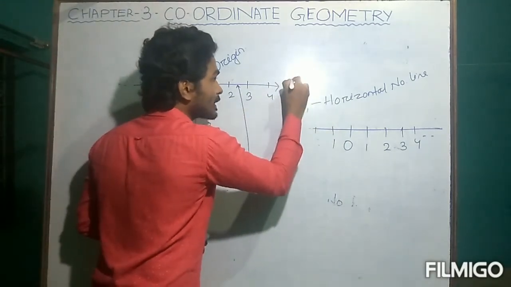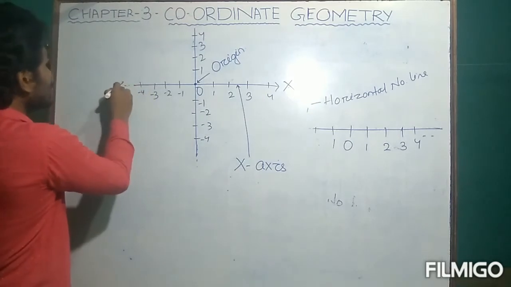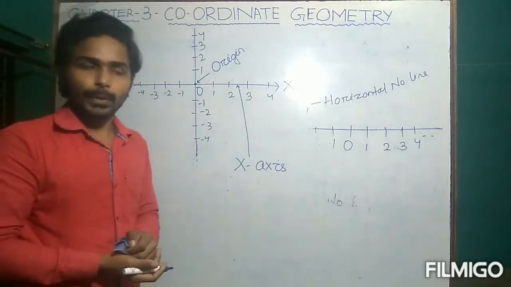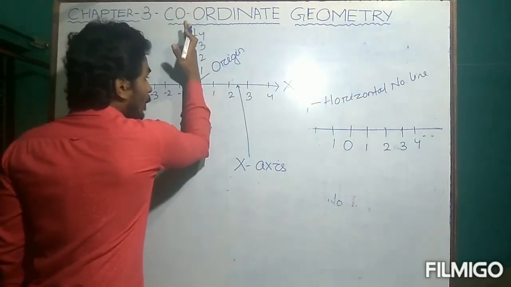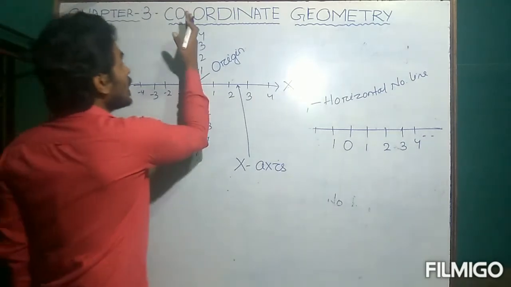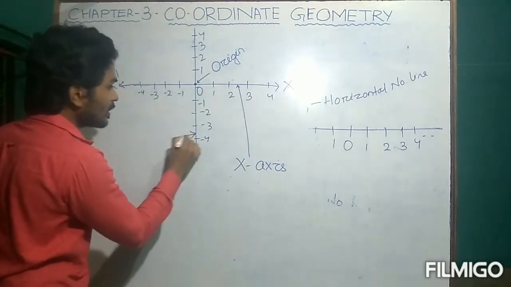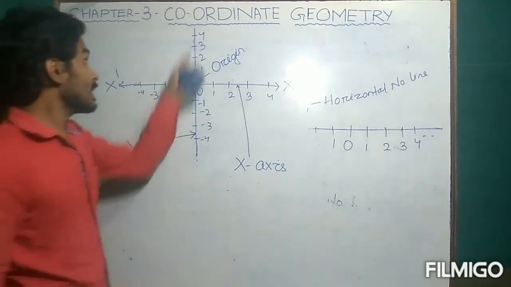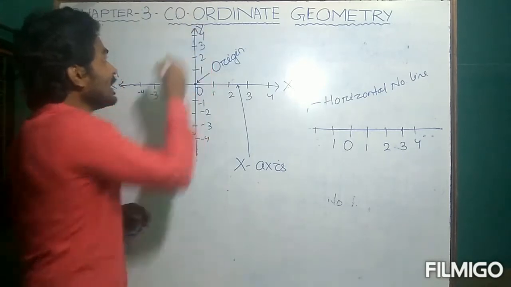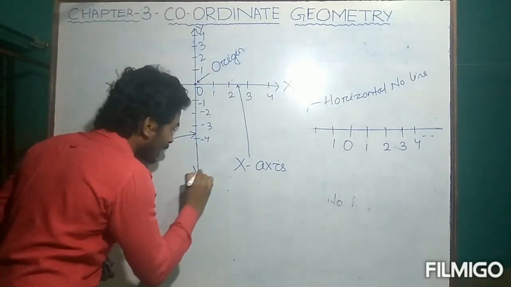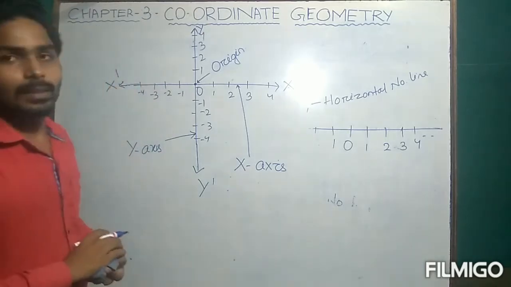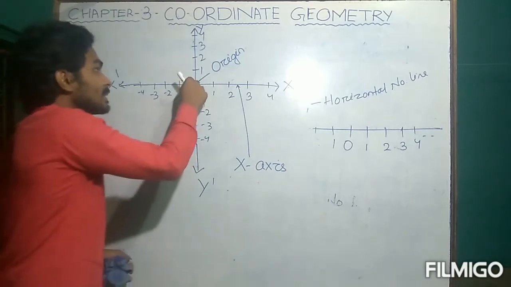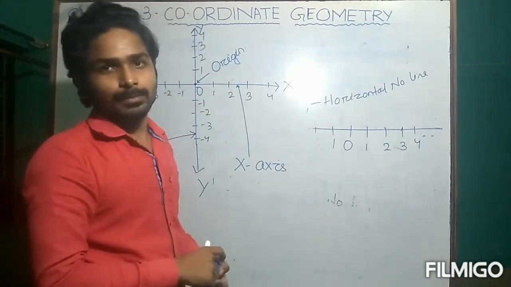Its one end is known as x, its other end is known as x dash. Now this vertical number line is called the y-axis. Its one end is known as y and its other end is known as y dash. Clear? So this is the x-axis, this is the y-axis, and this point is the origin.